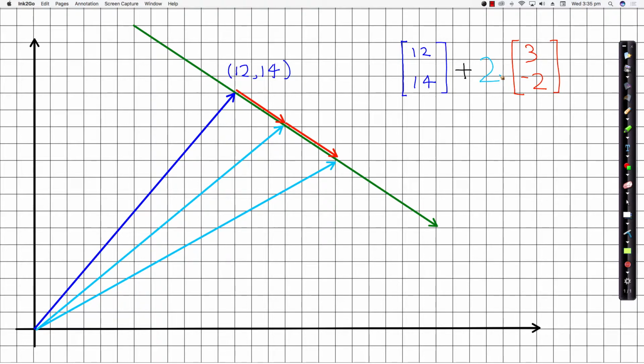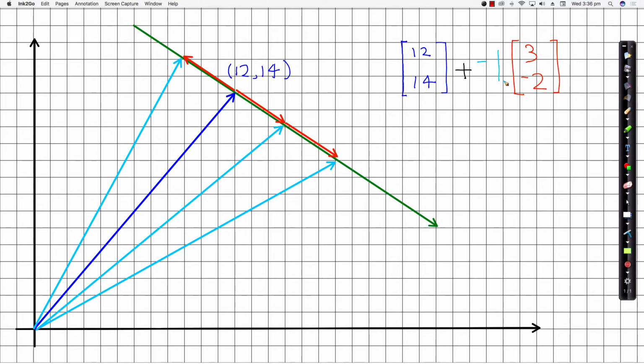Alternatively, we can find a vector back up the line. We could, for instance, produce another vector which points to a point on the line by starting with our dark blue vector to our known point 12, 14, and then add minus 1 times our original red vector. Here we draw negative 1 times our original red vector as a red vector, but in the opposite direction, noting that they are different vectors.